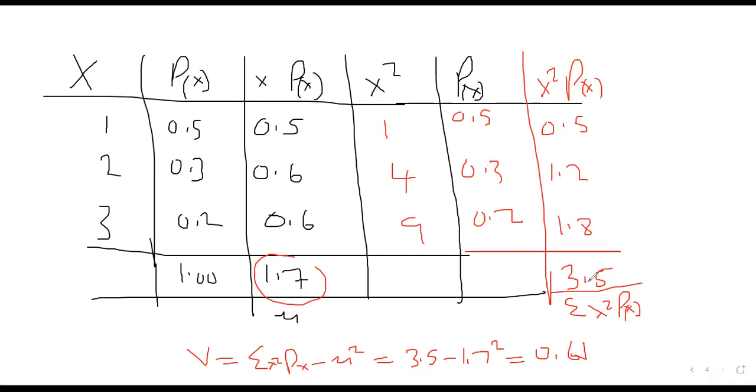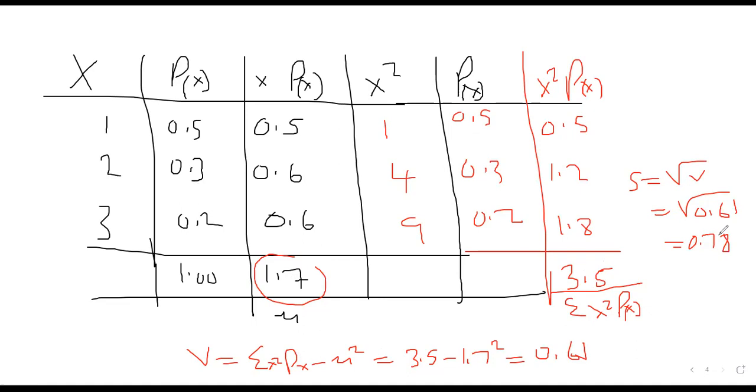The total is not the variance, but when you subtract the mean squared from 3.5, that is how we found 0.61. The standard deviation is simply the square root of the variance. So the square root of 0.61 is our standard deviation, which is 0.78.